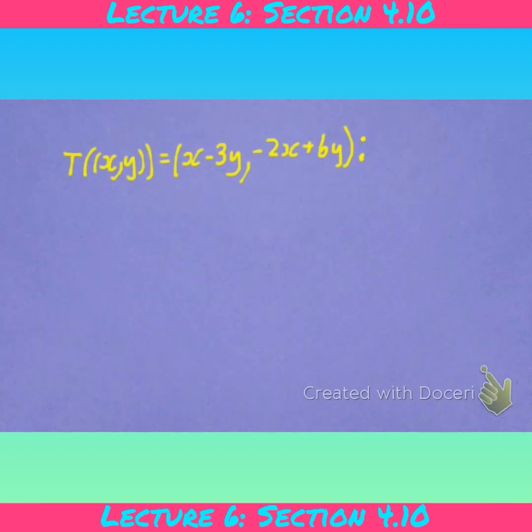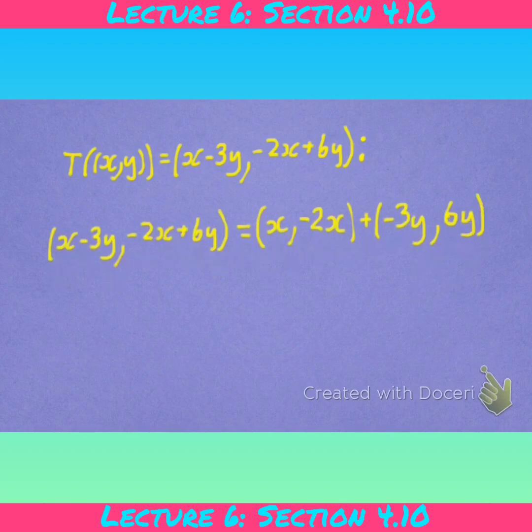Okay, so let's look at the range, which is the images of all the points x, y. Observe that you can write that vector as a sum of these two vectors here.